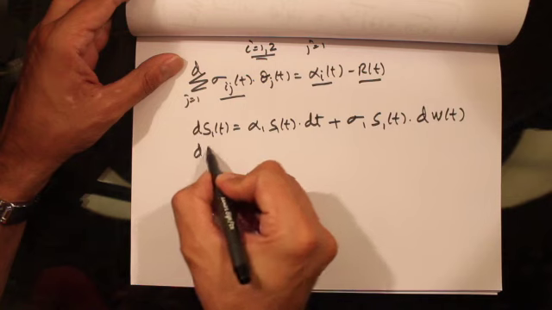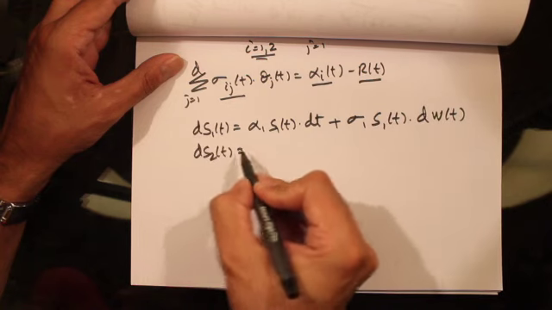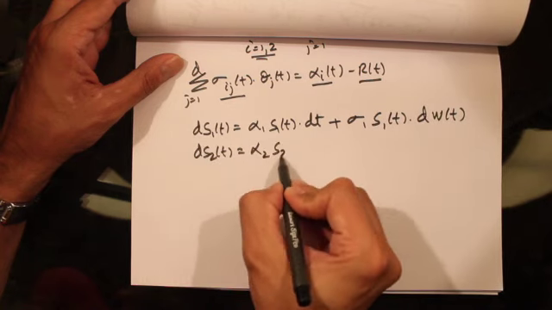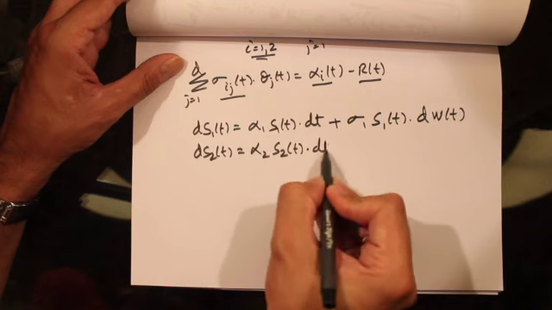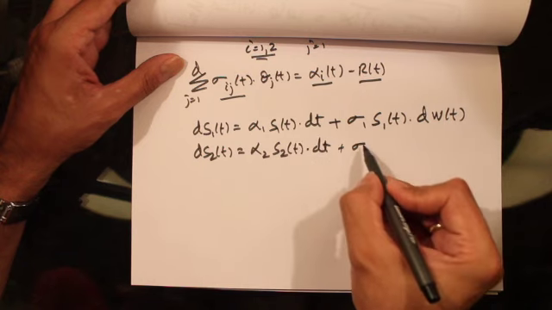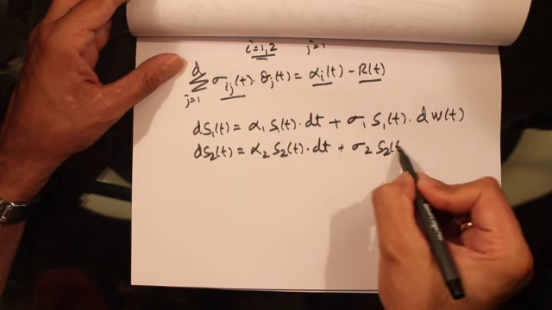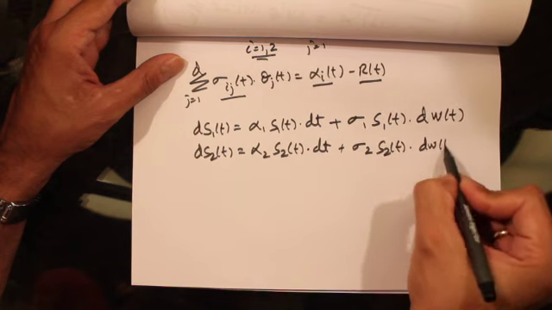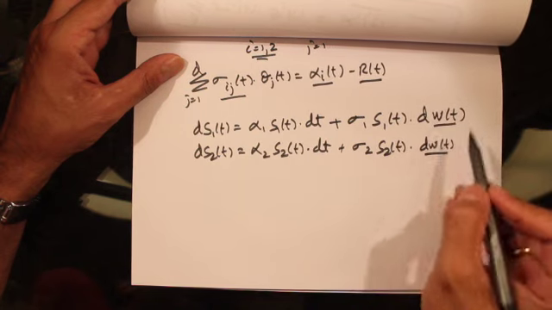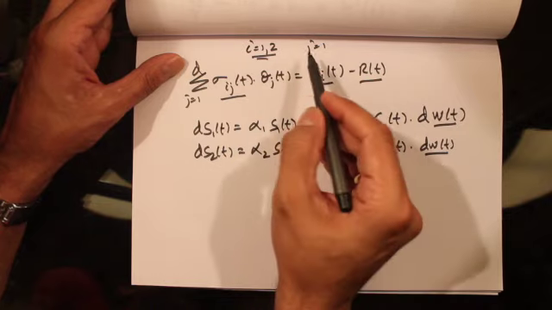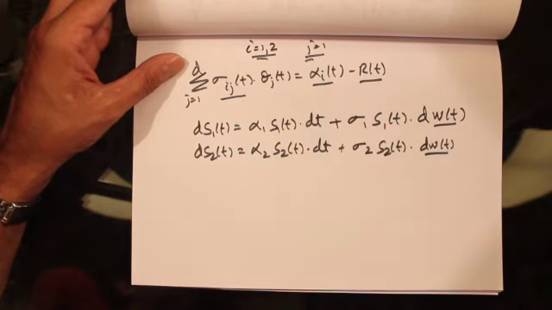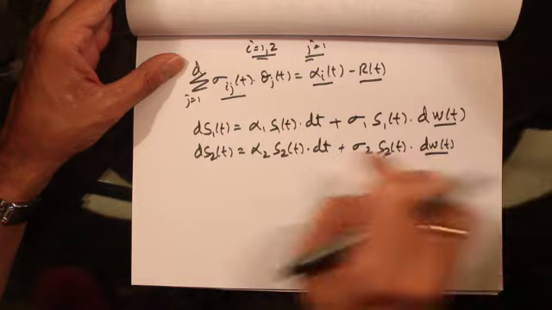Likewise we can write down the differential for the second stock. That's going to be alpha 2 S2(t) dt plus sigma 2 S2(t) dW(t). So we have the same Brownian motion driving both these stocks. That's why j is equal to 1. This is the differential for these two stocks.